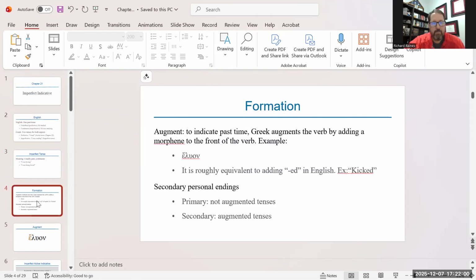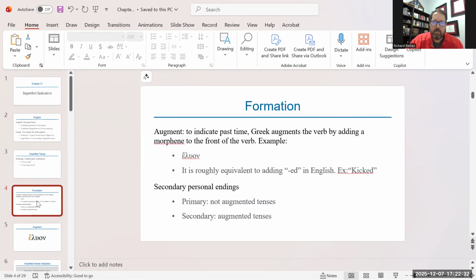The way that the imperfect is formed in Greek is we are introducing the augment. The augment is a grammatical device used in Greek to indicate past time. The way that the Koine Greek language indicates past time is it adds a morpheme in the form of a vowel sound to the front of the verb.